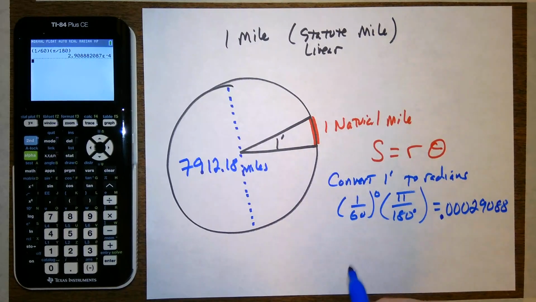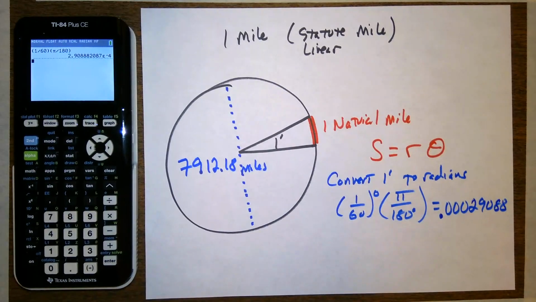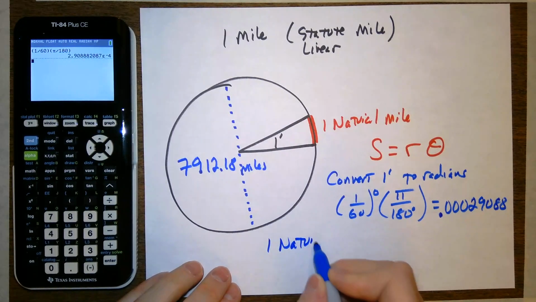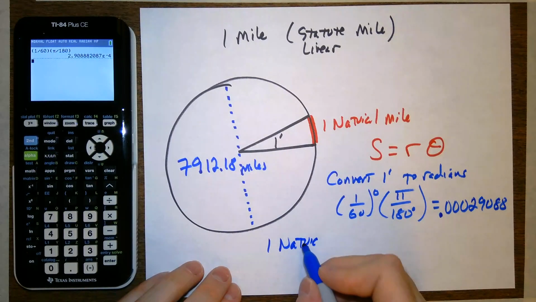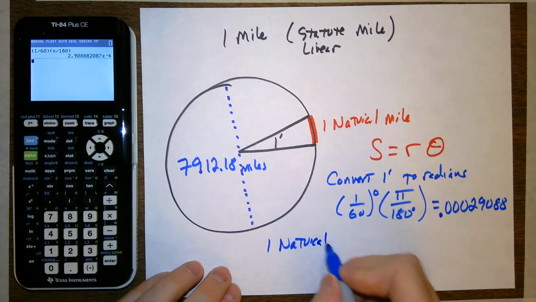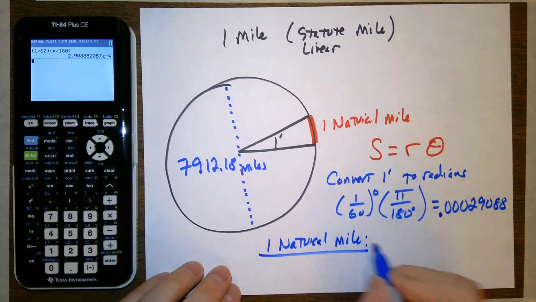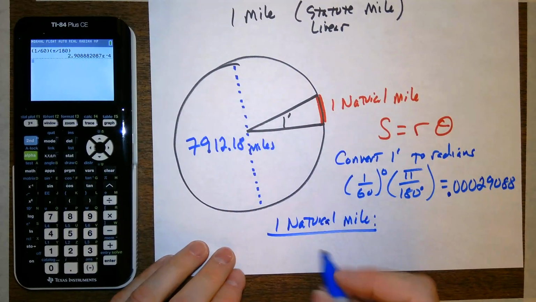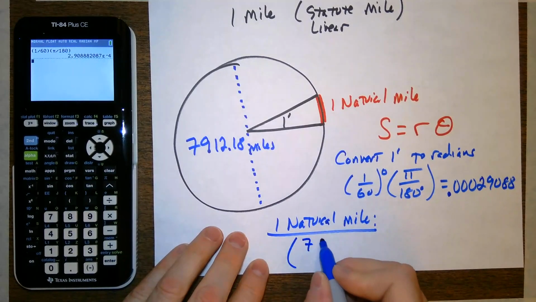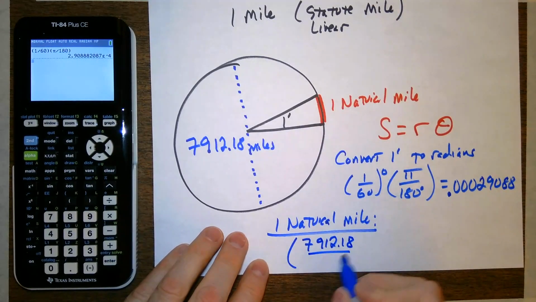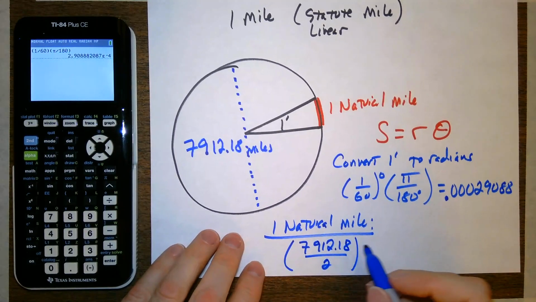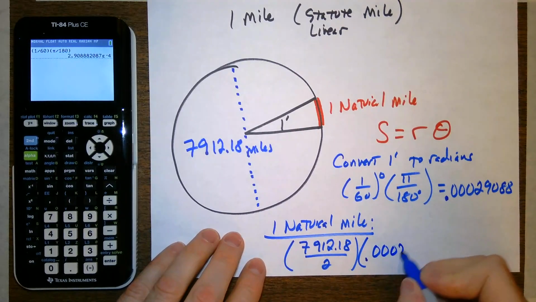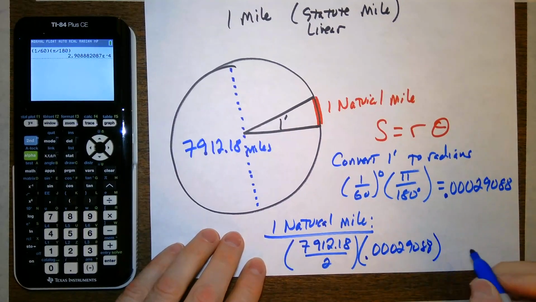My arc length, so 1 nautical mile, is going to be the radius, so it's going to be 7,912.18 divided by 2, that's the radius, times the arc length, this number right here, 0.000290888 approximately.